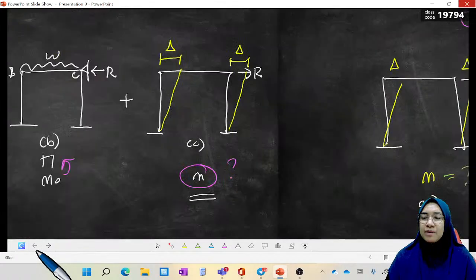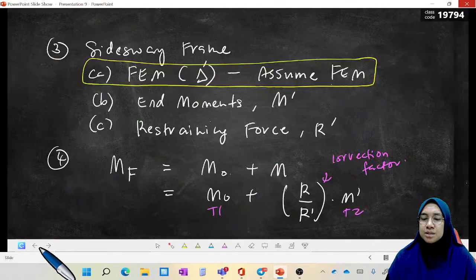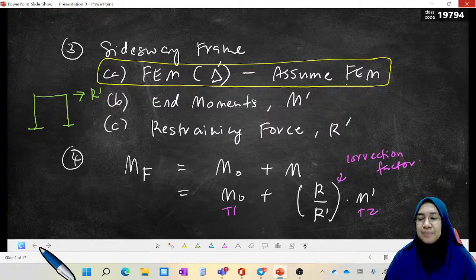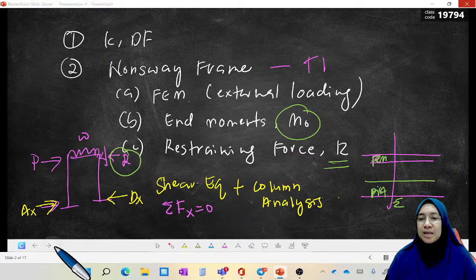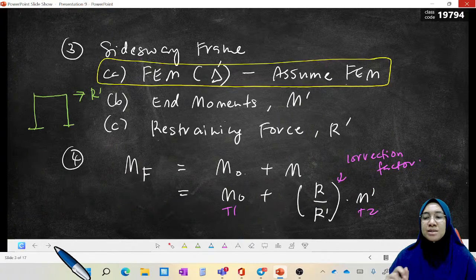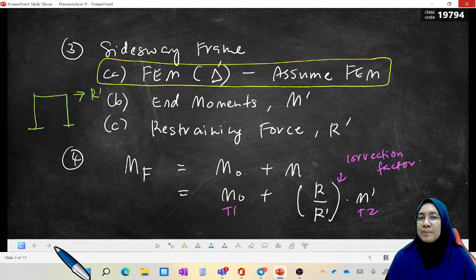If we refer back to the summary of the procedure, we have the same subsection procedure under 2B and 2C and 3B and 3C. The difference is only that step number 2 is for table number 1, and step number 3 is for table number 2.